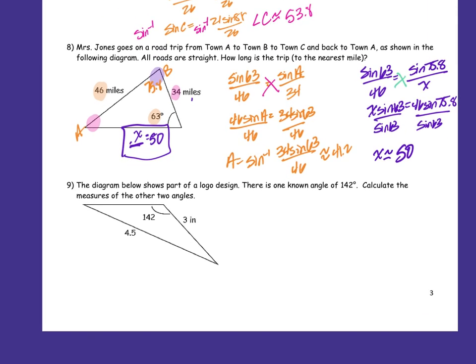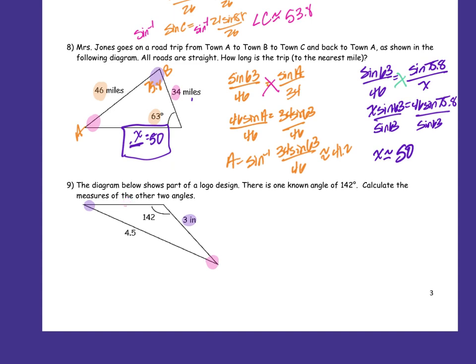The diagram below shows part of a logo design. There is one known angle of 42 degrees. Calculate the measures of the other 2 angles. So you need to find this angle, and you're given this side. And then you need to find this angle, but you actually won't need that side. You'll just need to find that angle.